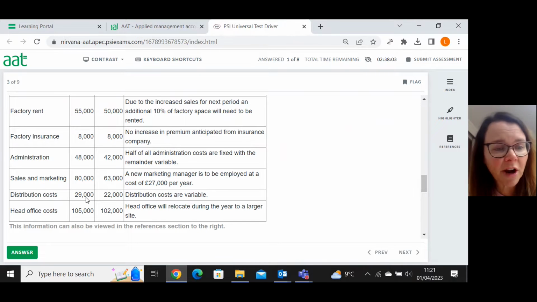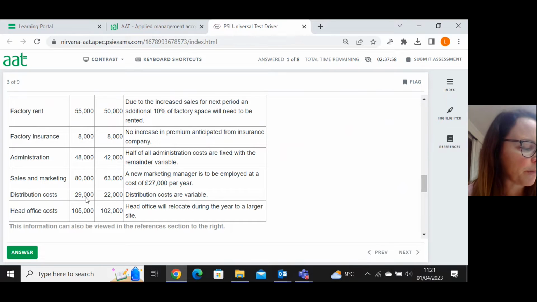So what I wrote here was, these costs are stated as being variable, so a 15% uplift would work out as 25,300. It is unclear why extra expense has been included. Maybe it reflects higher fuel prices, for example.